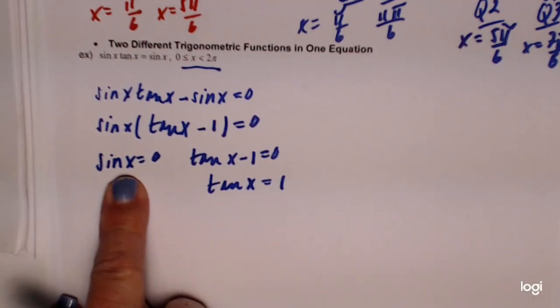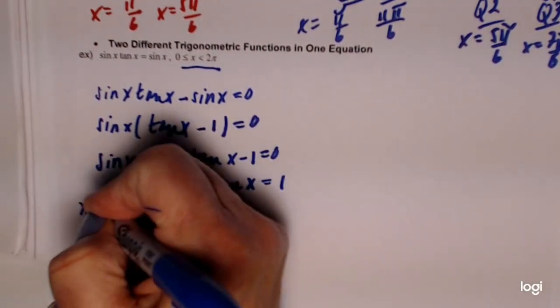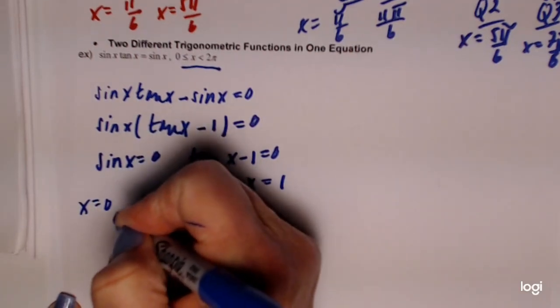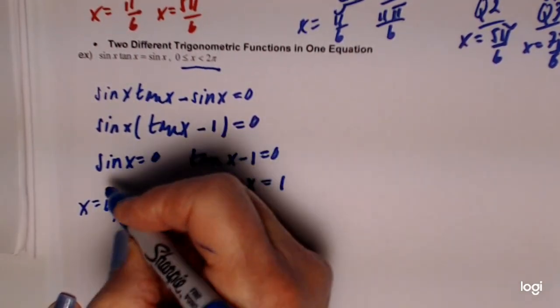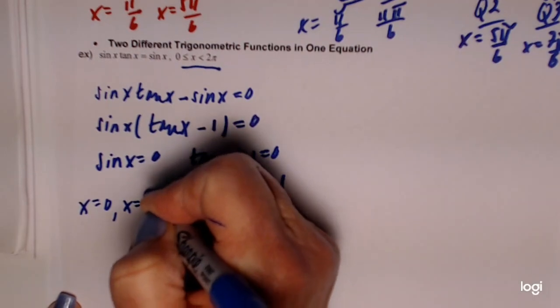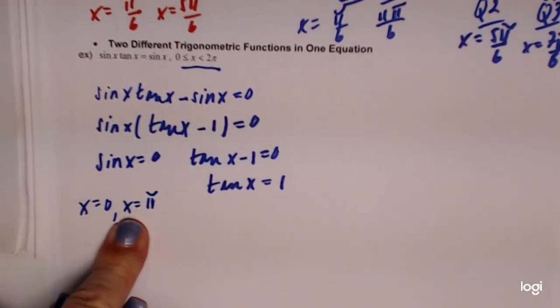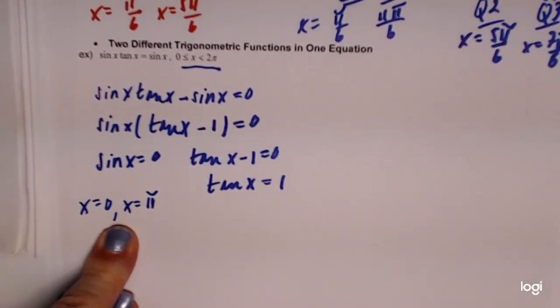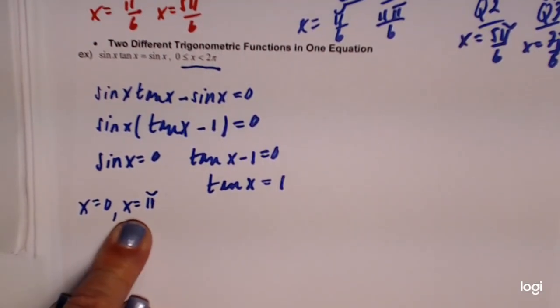What angle has a sine of 0? Well, we know when x is 0, we get a sine of 0, and when x is pi, we get a sine of 0. So here's an example where our answers are one of the quadrantal angles, and we do get two solutions.